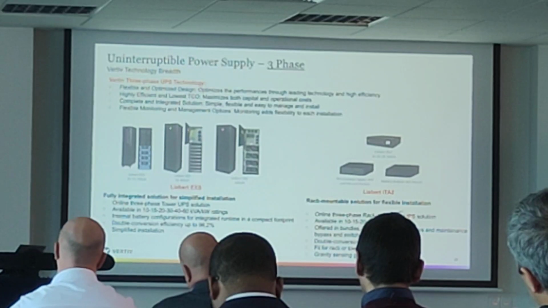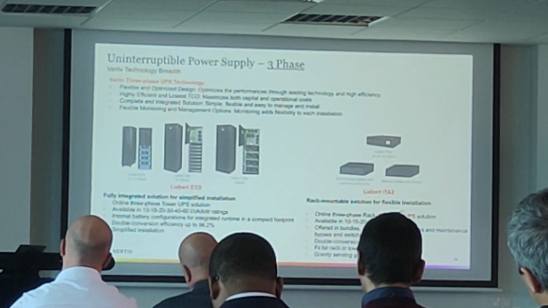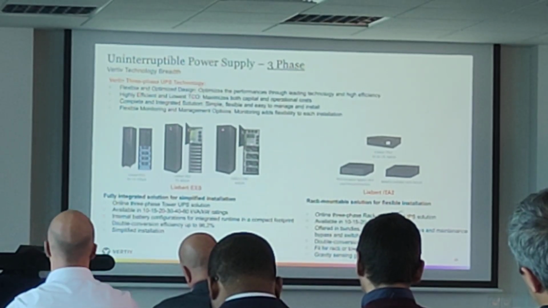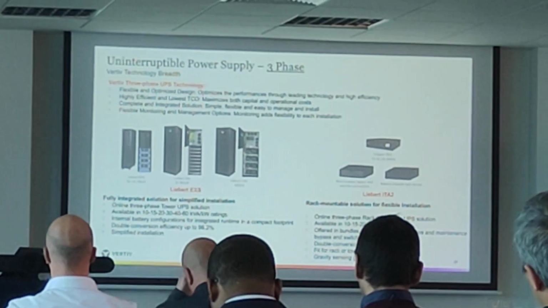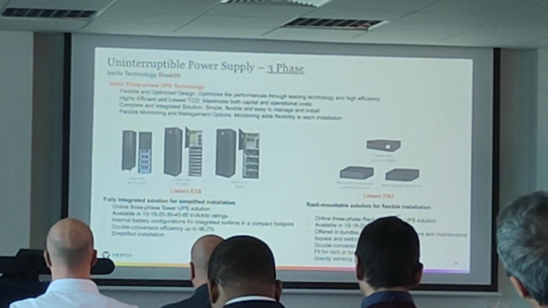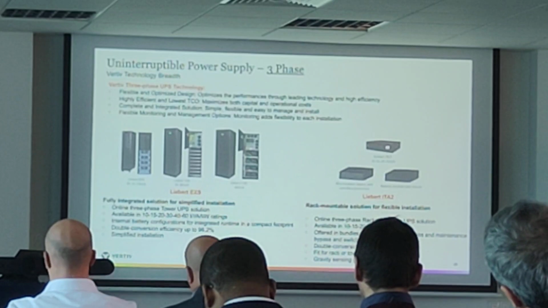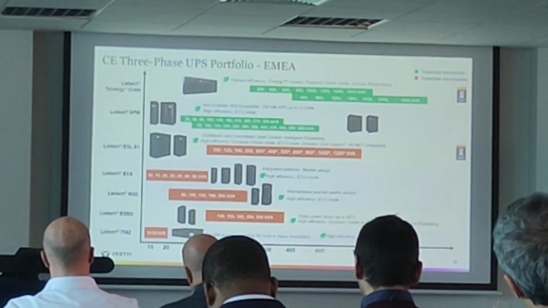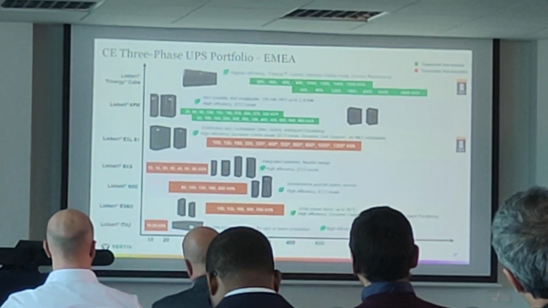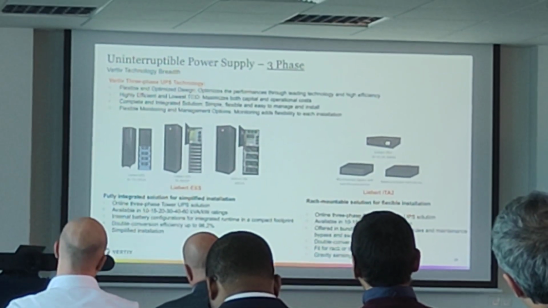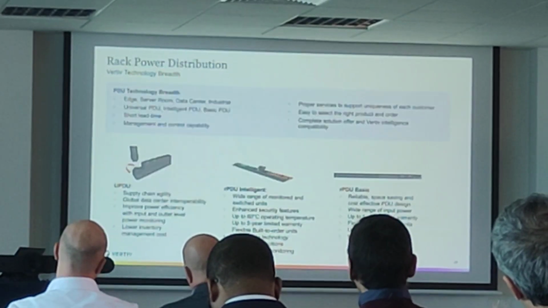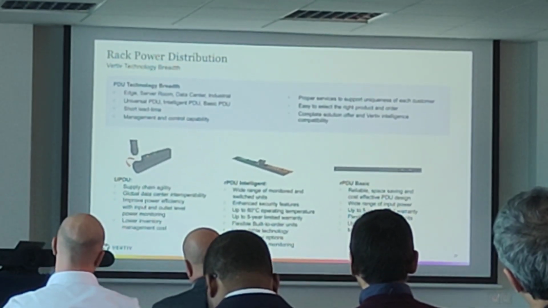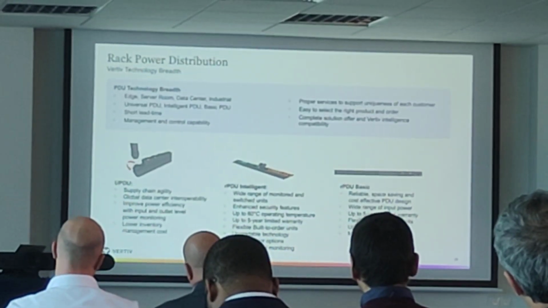So you can start with 100 kilowatts and then go to 150, depending on your needs. Of course, both types of approaches are found in our range of three-phase UPSs.